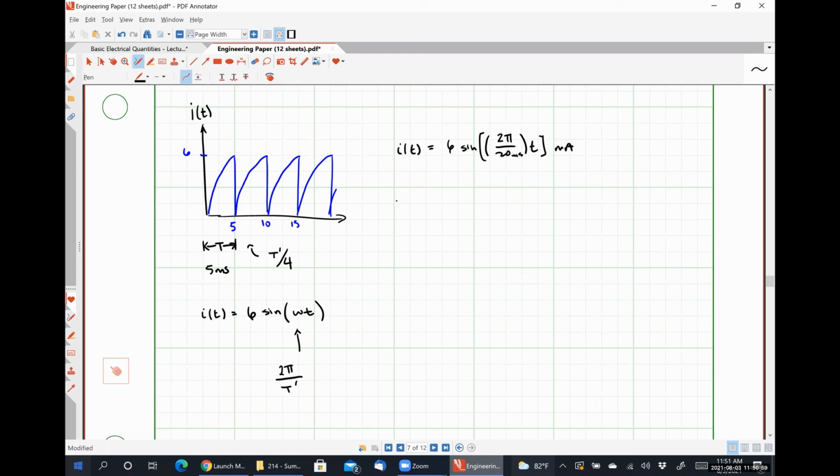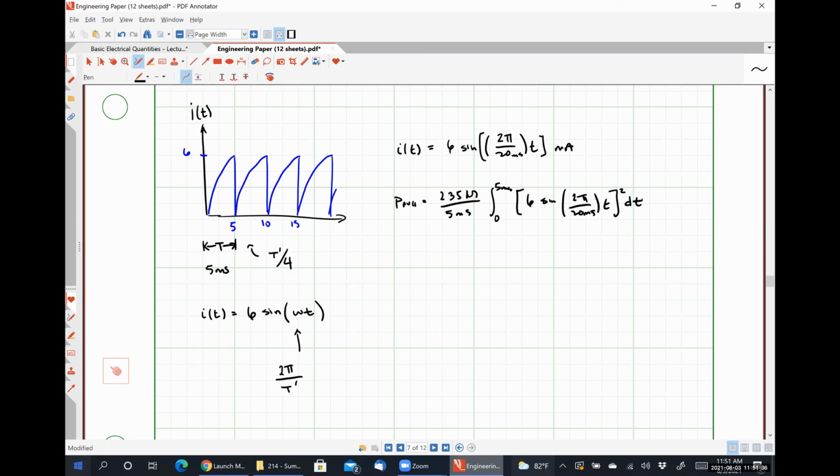And so our power, sorry, we're doing average power, would be 235 kiloohms over 5 milliseconds times the integral from 0 to 5 milliseconds of (6 sine 2 pi over 20 milliseconds t) squared dt.